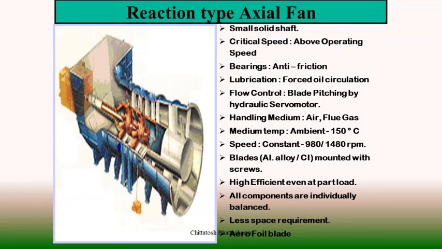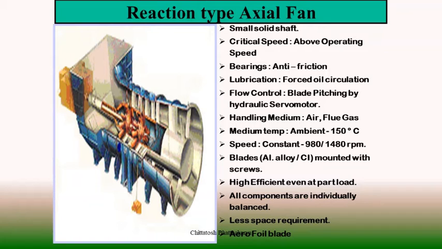Unlike the impulse type axial fan, reaction type fans are much stronger, and they are more efficient in the sense of part load operation. We have a blade pitching arrangement and a hydraulic servo motor to control the blade tilting, and due to this blade tilting arrangement, the quantity of gaseous fluid flow within the fan is controlled.